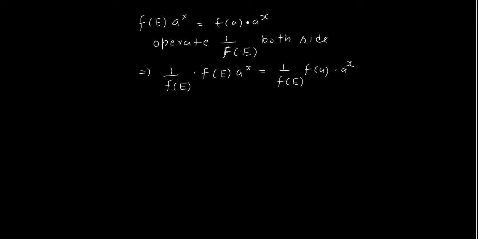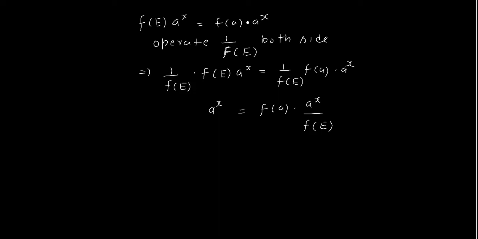So if we operate 1 upon f of e over f of e, then this becomes a to power x equal f of a, which is a constant, so it comes outside: f of a into a to power x upon f of e.